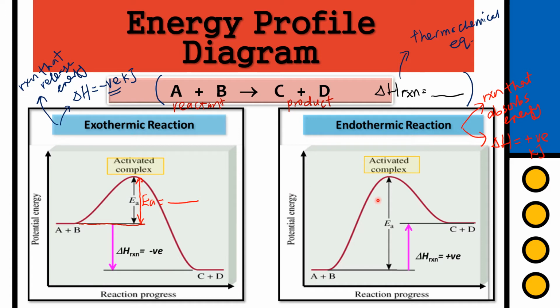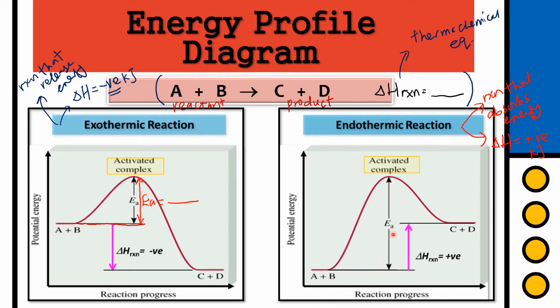Next, for the endothermic reaction, it's the same thing. Even though it looks slightly different because the point where we start our reactants is different, for the exothermic it's slightly higher and for endothermic it's slightly lower, to label the arrow it's still the same.